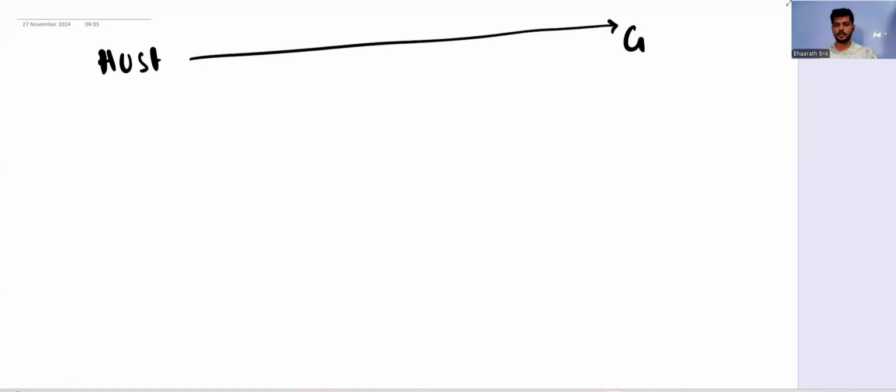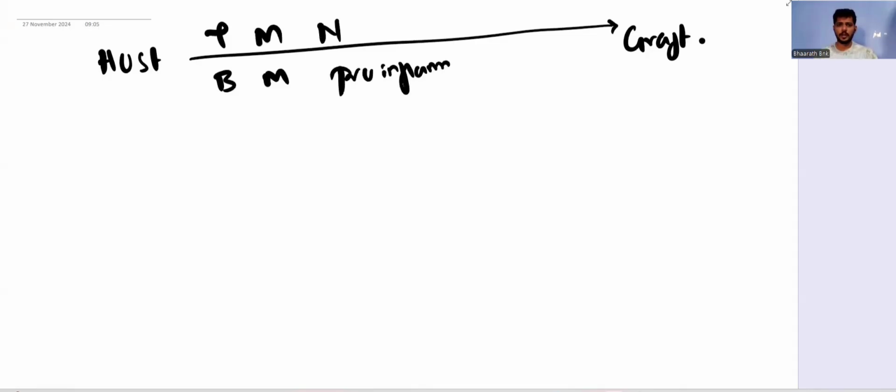So this host has mounted an immune response against the graft that has been transplanted. Now it can involve the T cells, the B cells, the monocytes, macrophages, neutrophils, or pro-inflammatory cytokines, and there are antibodies.